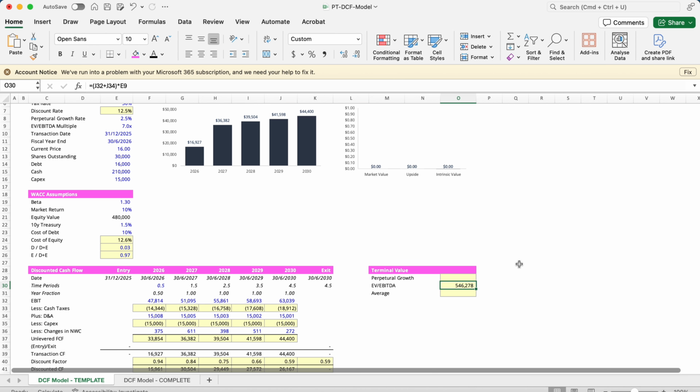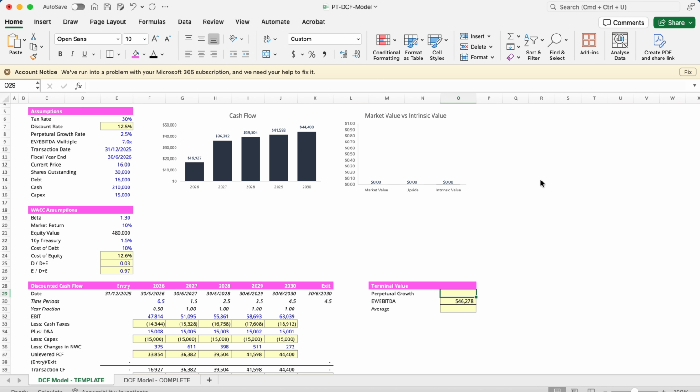Then we need to do the perpetual growth. That one is a little bit more complicated. I'll put the formula on the screen. So for the perpetual growth rate, we need to start with the unlevered free cash flow. So let's grab that one at the terminal value period. We then need to multiply that by 1 plus the growth rate to show that it's growing into perpetuity.